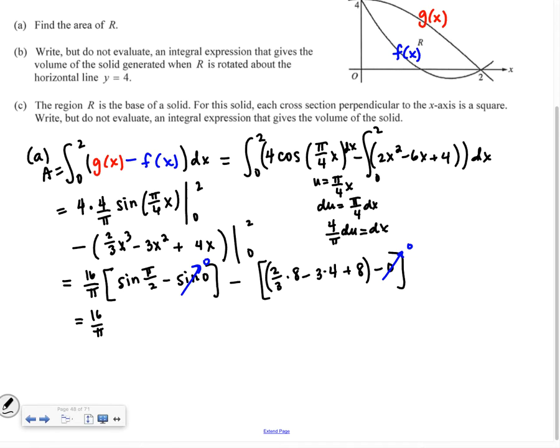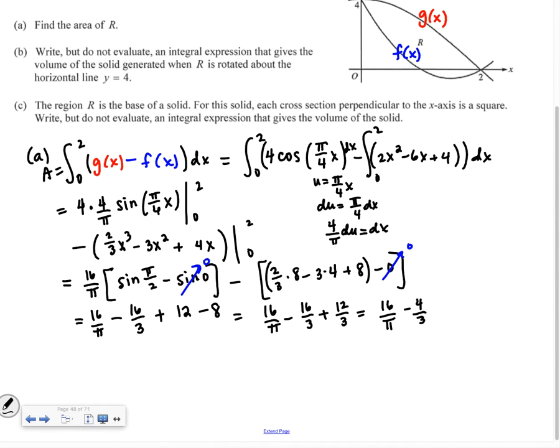Sine of pi over 2 is 1, minus 16/3, distribute my negative, so plus 12 minus 8. So 16 over pi minus 16 over 3 plus 4, which is going to be 12 over 3. So 16 over pi minus 4 over 3 should be the answer.